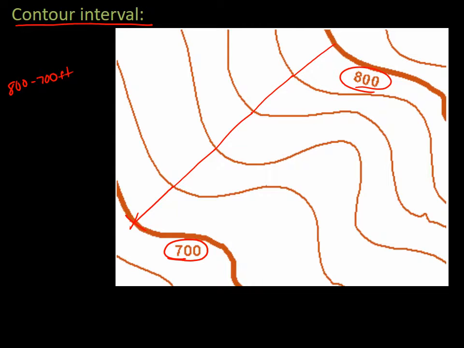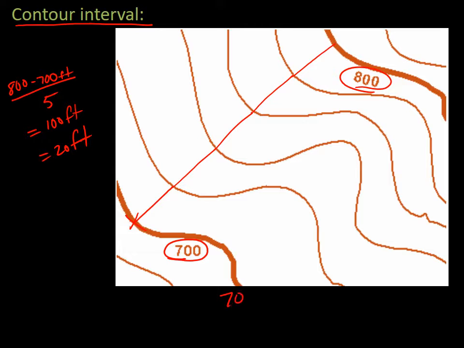It takes 5 lines to go from one index contour to another, 5 lines to go from 700 feet up to 800 feet in elevation. So that 100 feet in elevation is divided into 5 equal chunks, and the contour interval must be 20 feet.